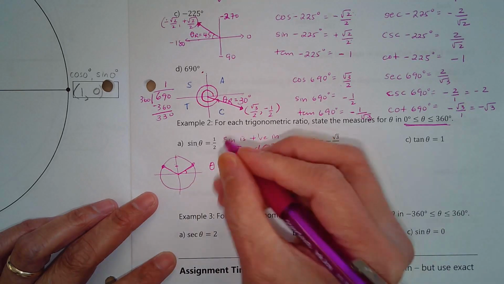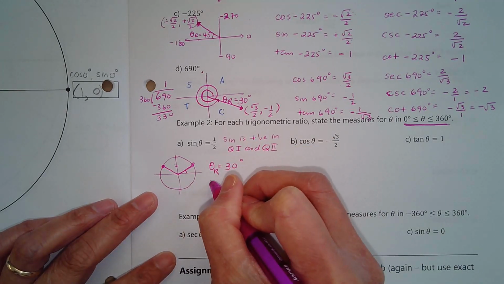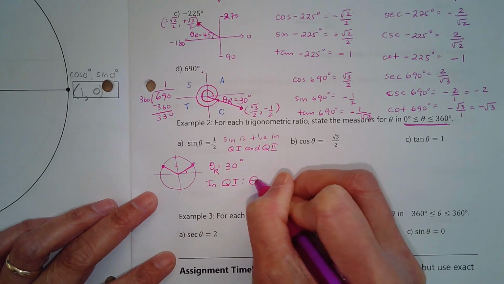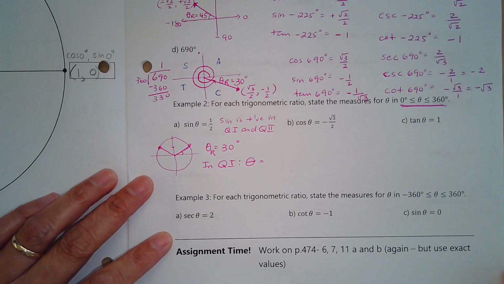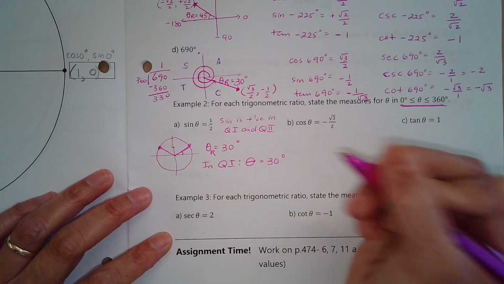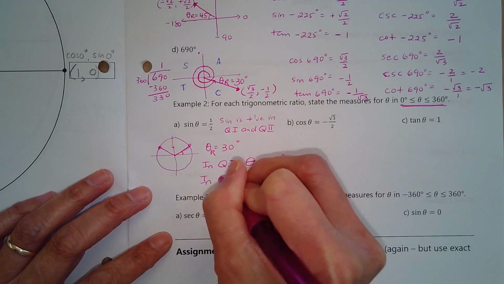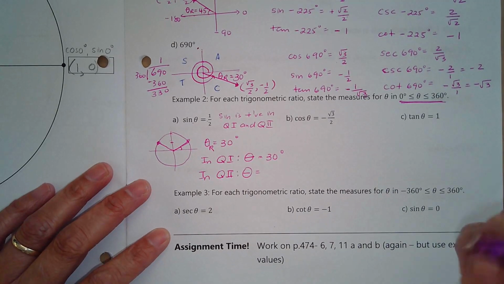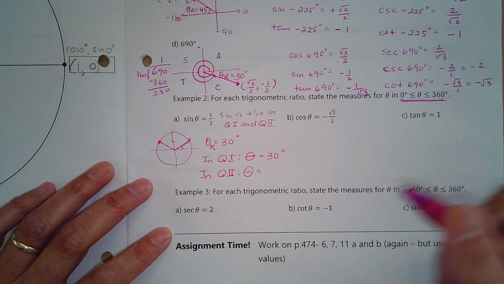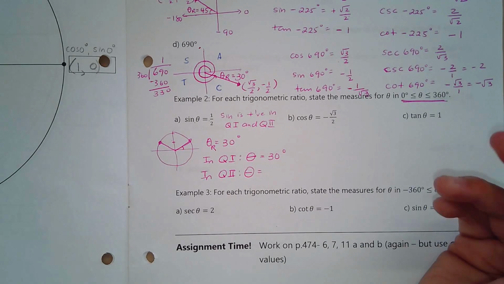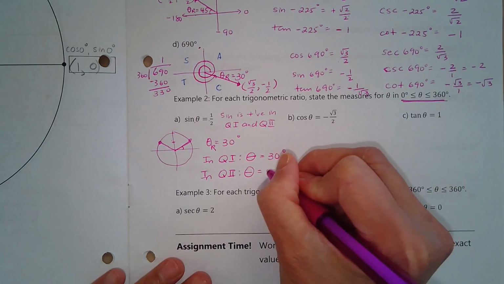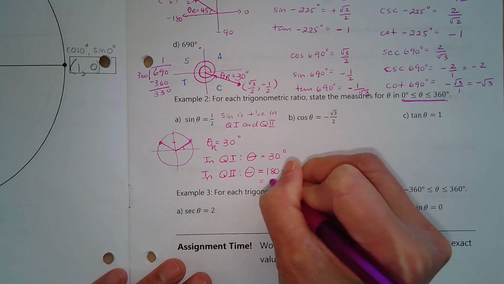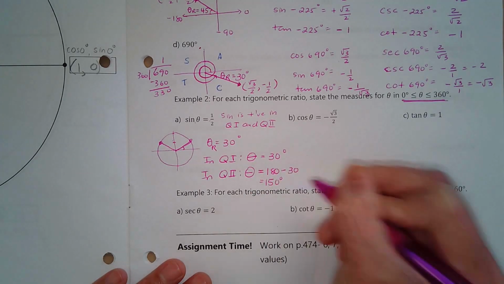So the 30 degrees is our reference angle. That means in quadrant 1, theta in standard position is 30 degrees. And in quadrant 2, theta is going to be 180 minus 30, and that's 150 degrees.